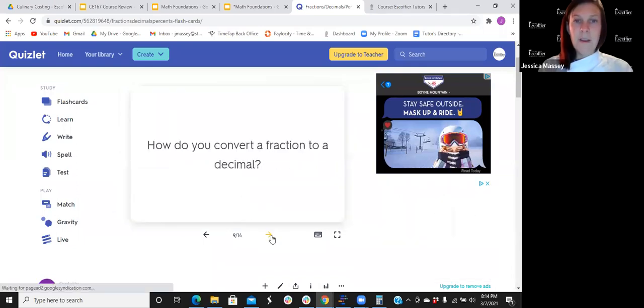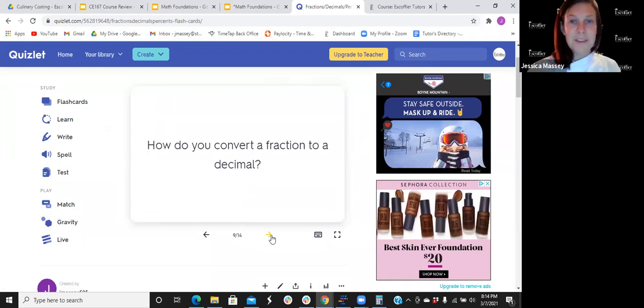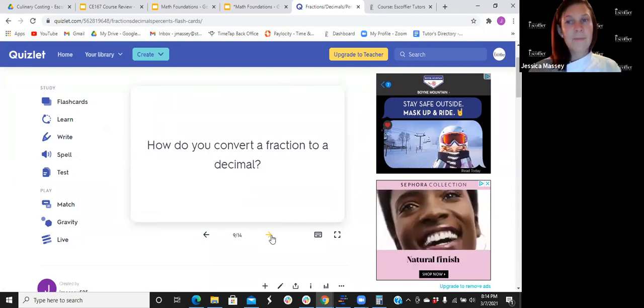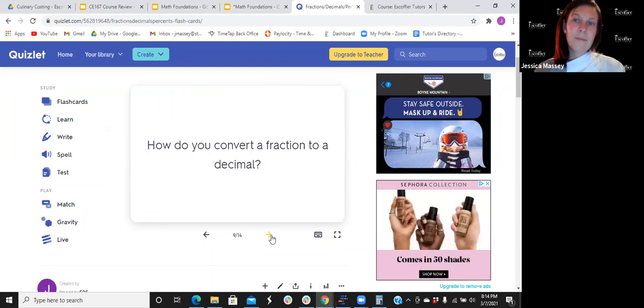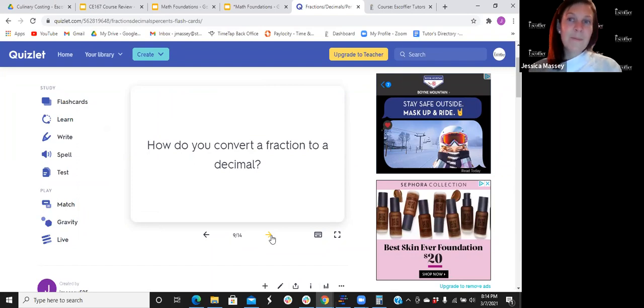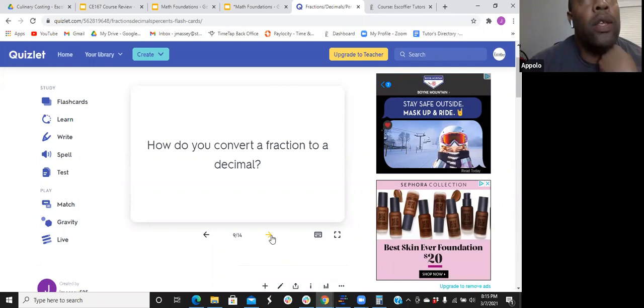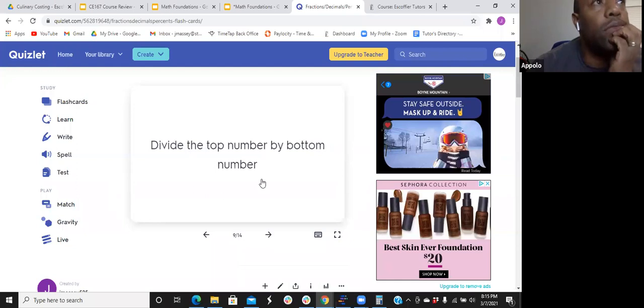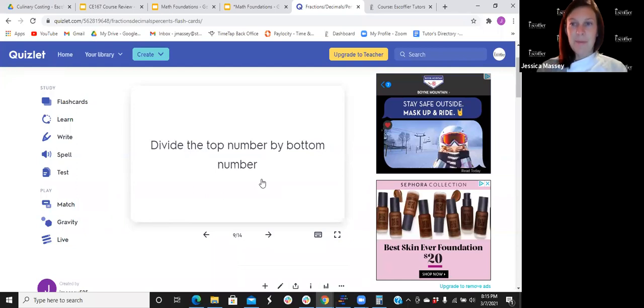Nice job. How do you convert a fraction to a decimal? Divide by 100. Divide the denominator by the numerator and multiply it by 100. You would divide the top number by the bottom number.